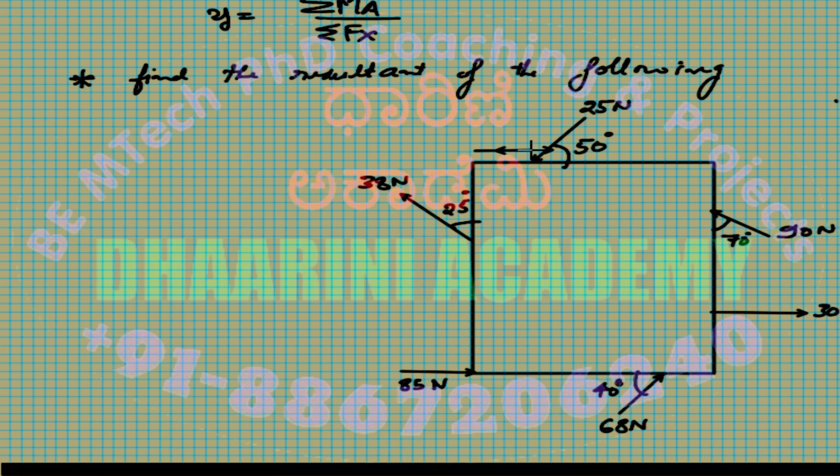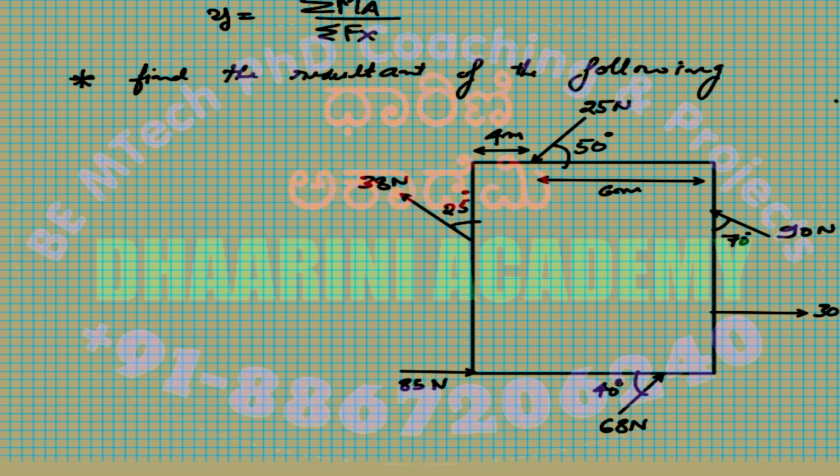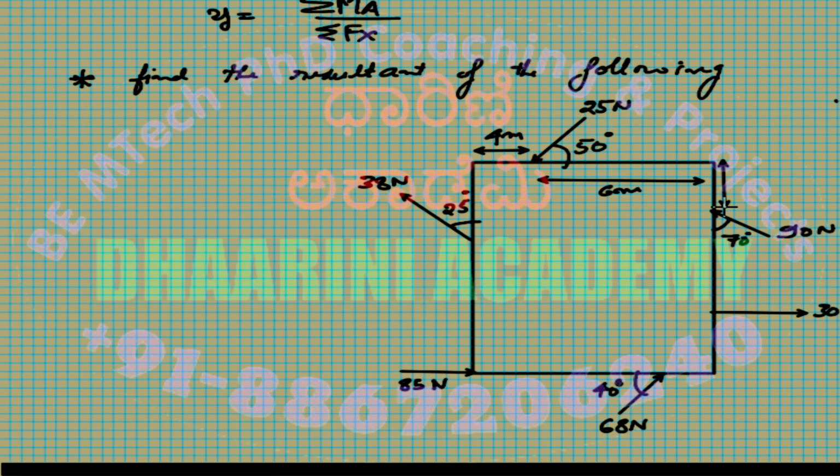So this is 4 meters, 6 meters, 3 meters. This is 4 meters. This is 3 meters.